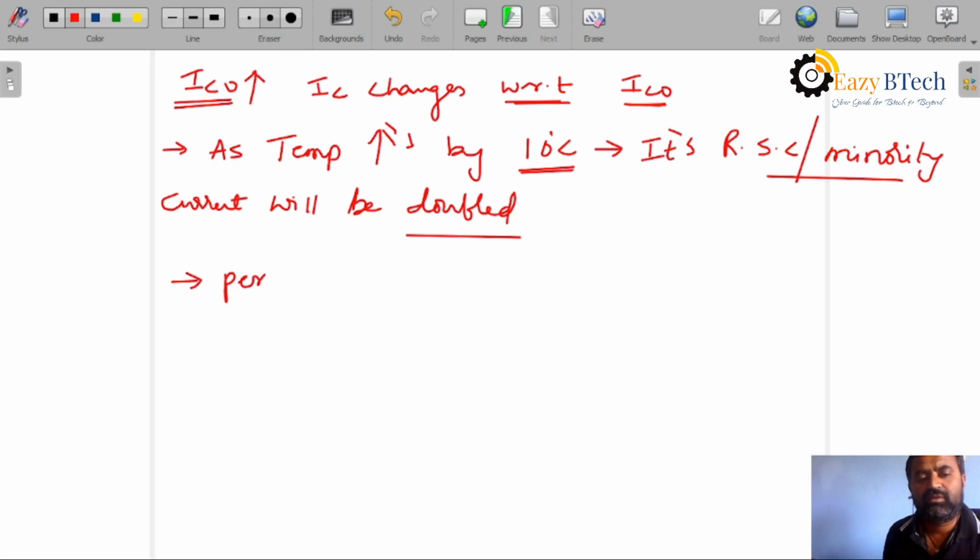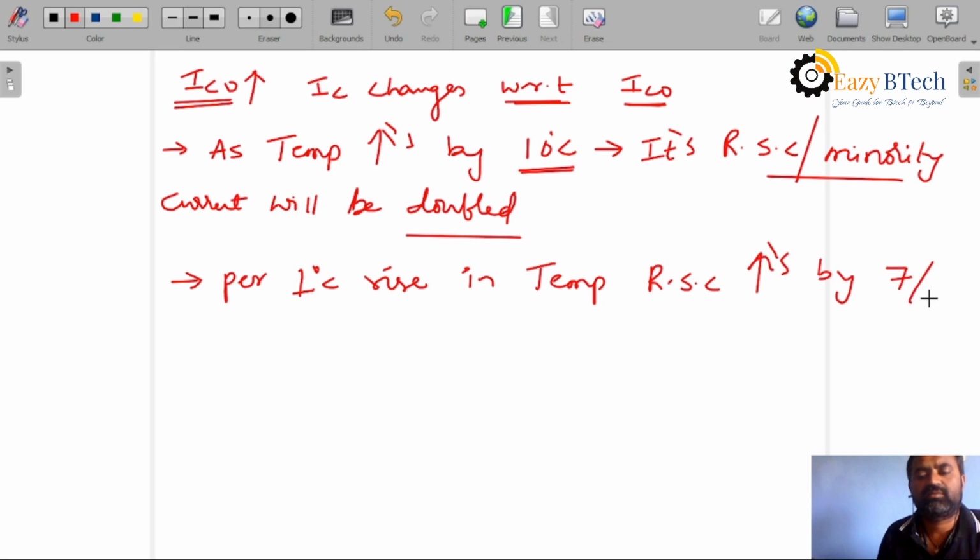Per 1 degree rise in temperature, reverse saturation current increases by 7%.